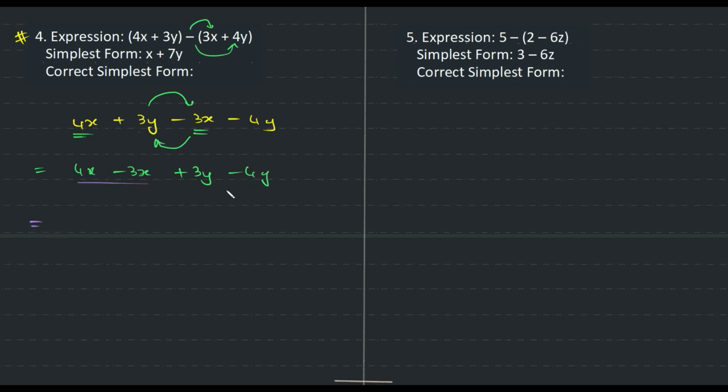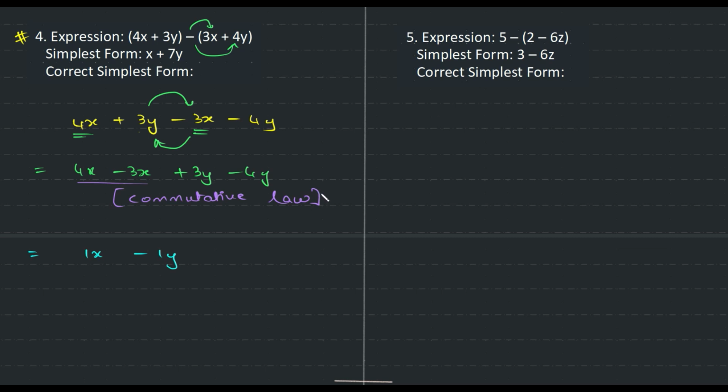This is to do with the commutative law. This is 1x, and then you can directly do it, minus 1y. So that's the right answer, not this.